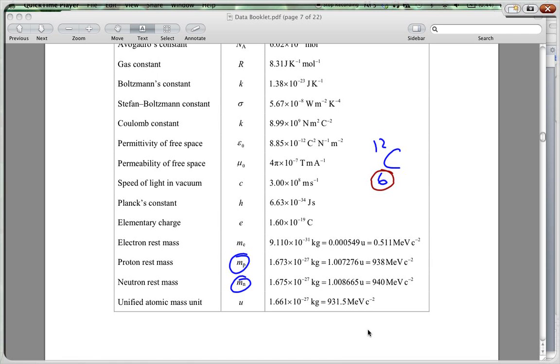So it would be 6 of these and 6 of these. As you can see here, these are slightly more than a U. So if you took the separate parts of a carbon 12 nucleus and squashed them all together to make a nucleus, they lose mass.